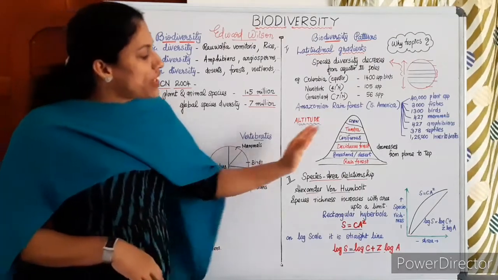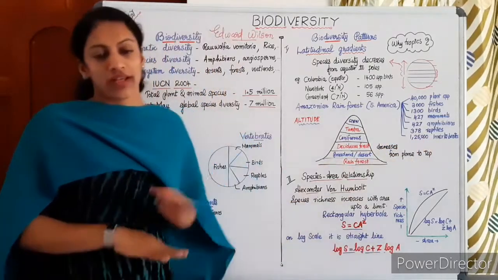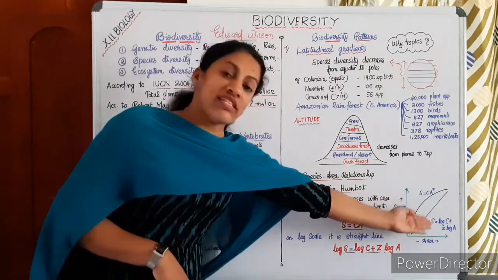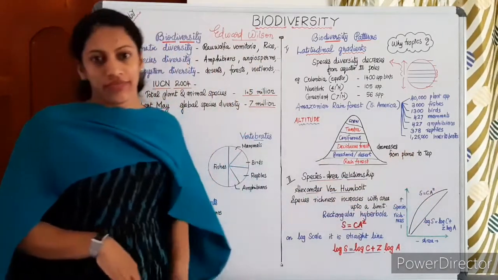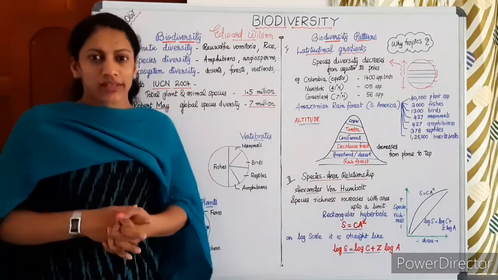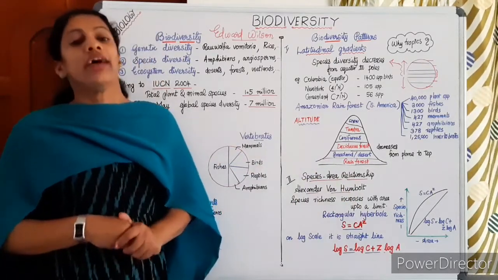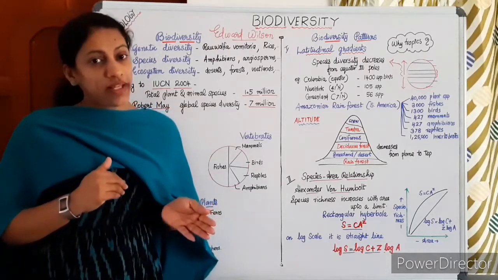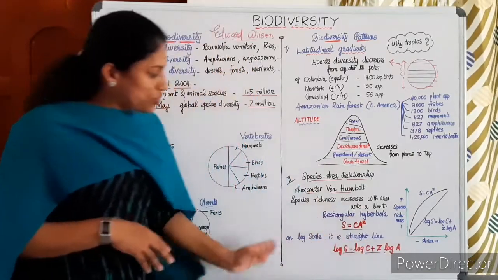Okay, so when we take the log scale, the graph will be a straight line. That equation is log S is equal to log C plus Z log A. So the same way, it gives a straight line on a logarithmic scale, and its equation is log S is equal to log C plus Z log A. Just study these two equations.